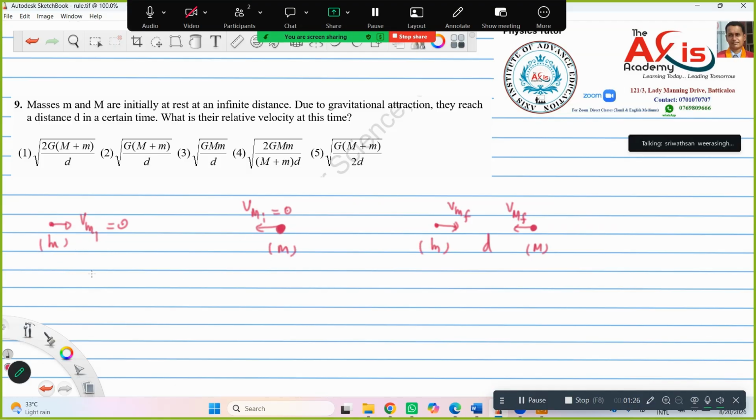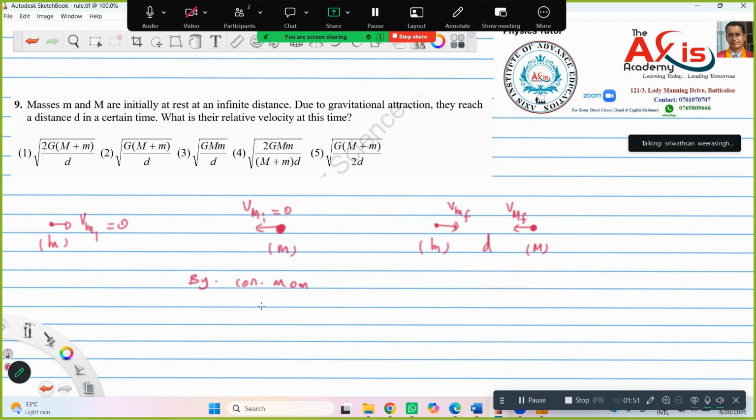Next, what is their relative velocity at this time? Before finding the relative velocity, by conservation of momentum, the momentum of this mass is equal to the momentum of this.